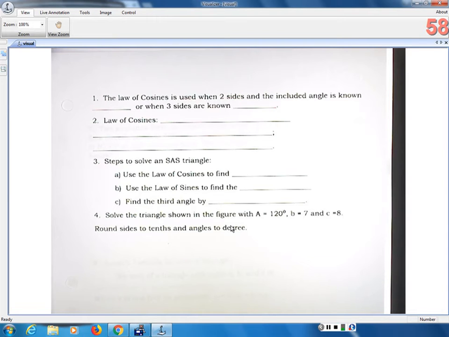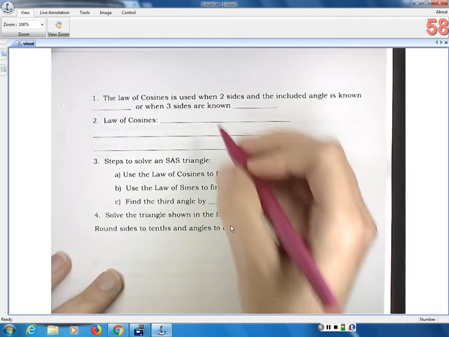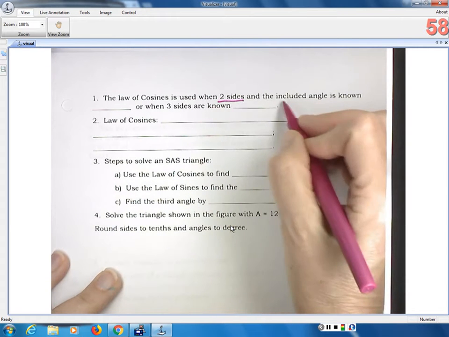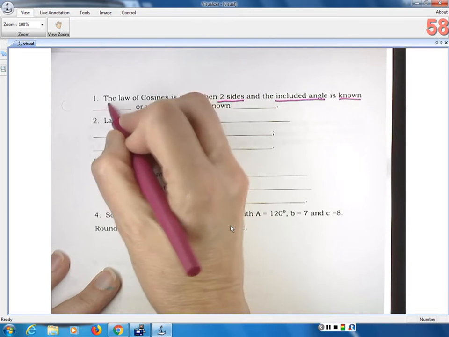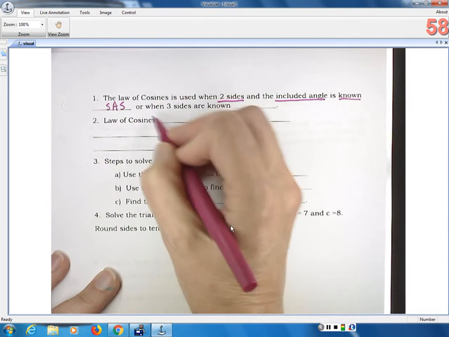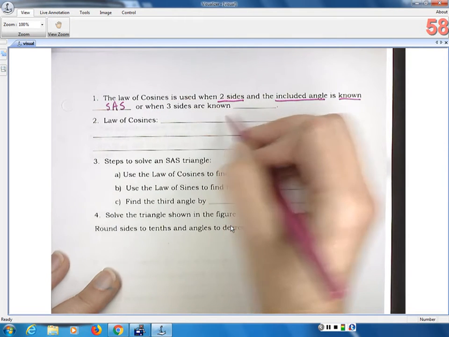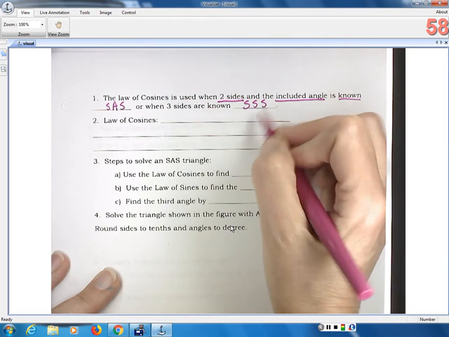So the law of cosines, and I do recommend you read the book. The law of cosines is used when two sides and the included angle are known, so side, angle, side, or when three sides are known, side, side, side.